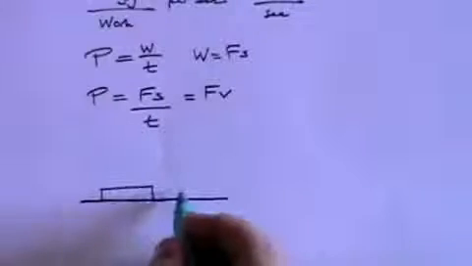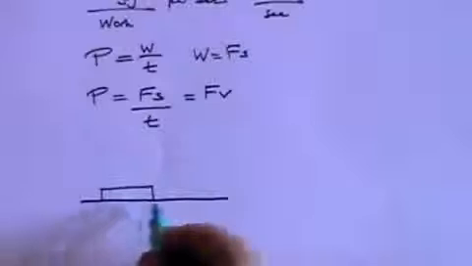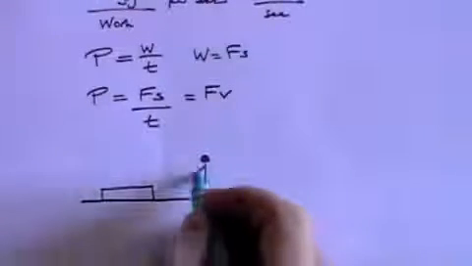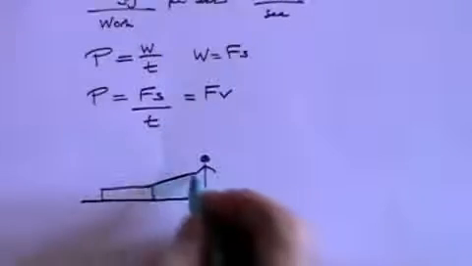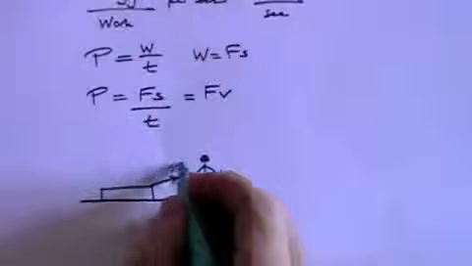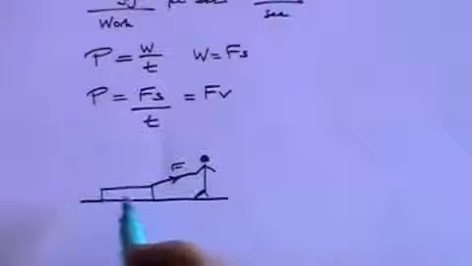Let's suppose that I'm dragging something along the ground. I will need to apply a force because friction will otherwise stop it. And here I am, and I've got hold of a rope, and I'm pulling this object, and I'm applying a force F. But is that the force that will cause this object to move?